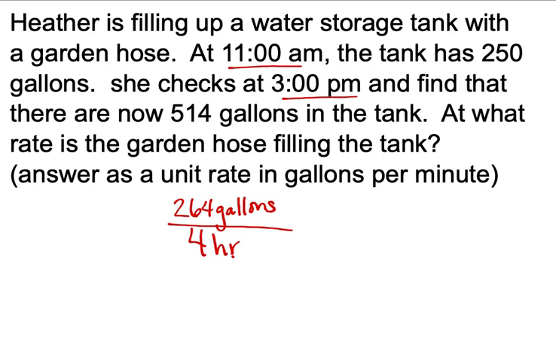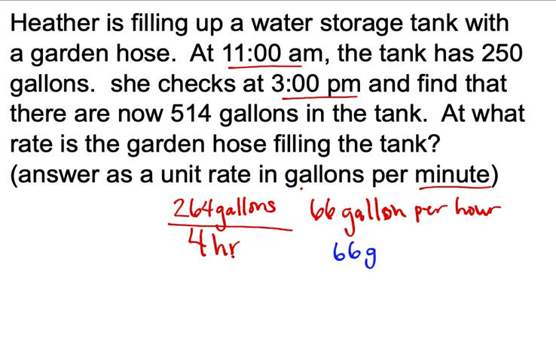So 264 divided by 4 hours, that's 66 gallons per hour. Now, it actually wants it in gallons per minute, so I need to do a little bit of work to convert it there. Right now we're at 66 gallons for 1 hour.